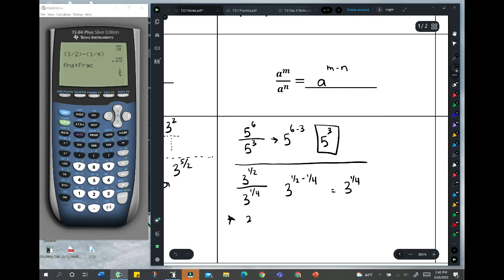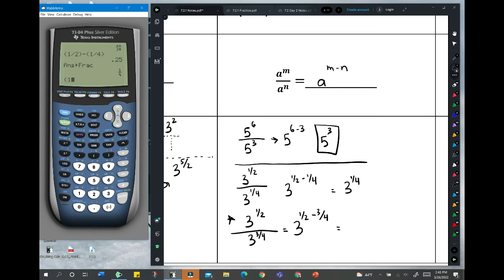Where it gets tricky is if the numerator is a little smaller. So let's consider 3 to the 1/2 all over 3 to the 3/4. In this case, I would say still do 1/2 minus 3/4.